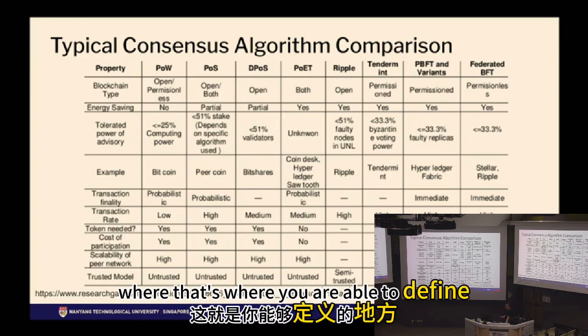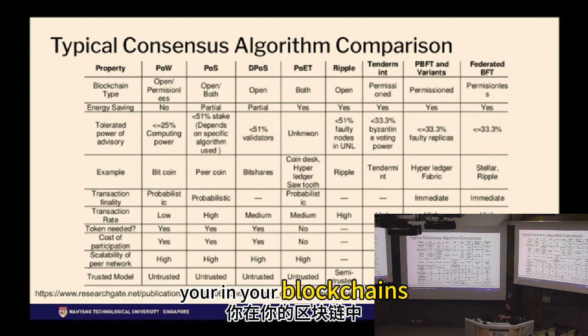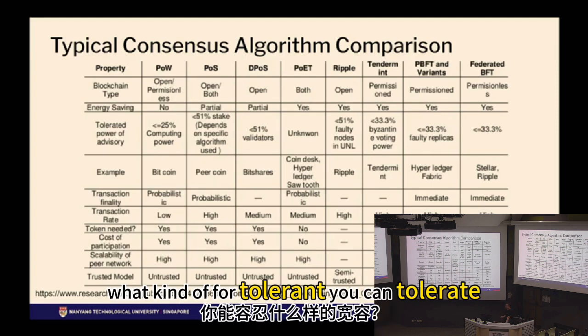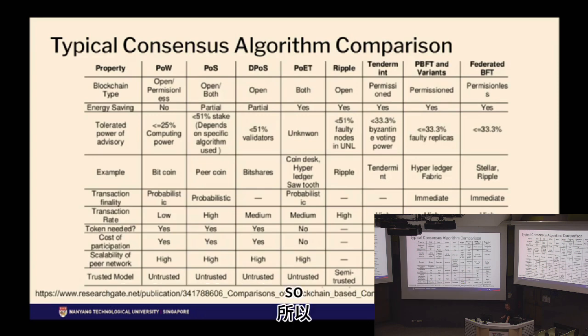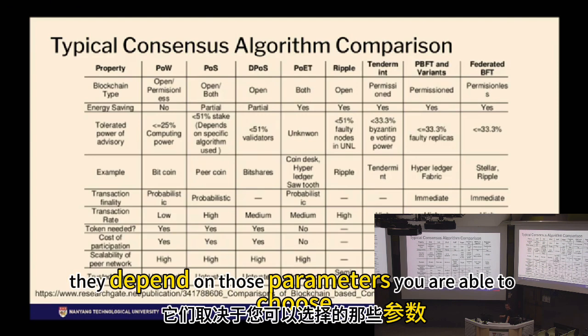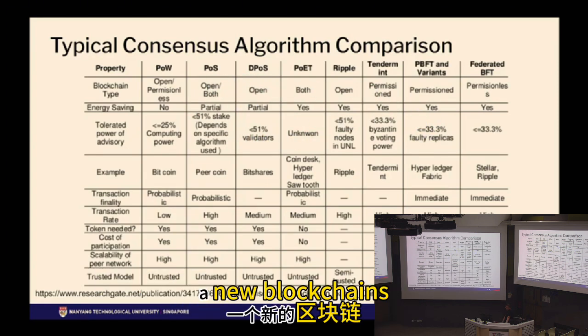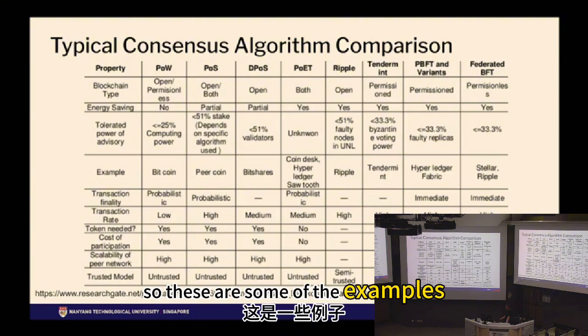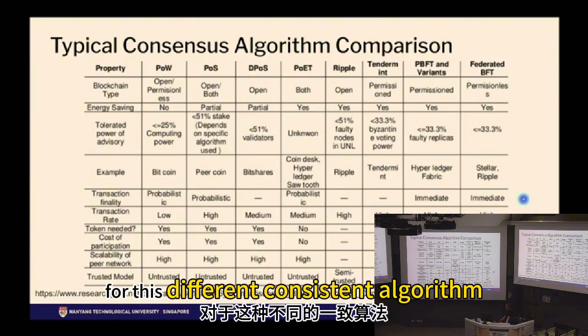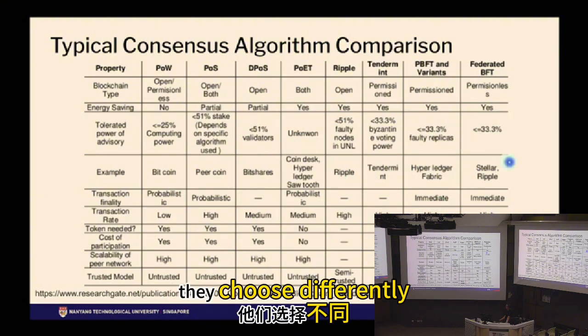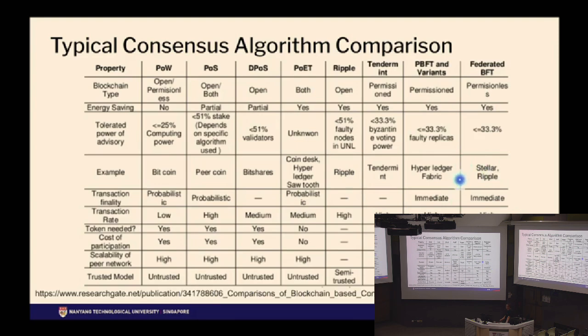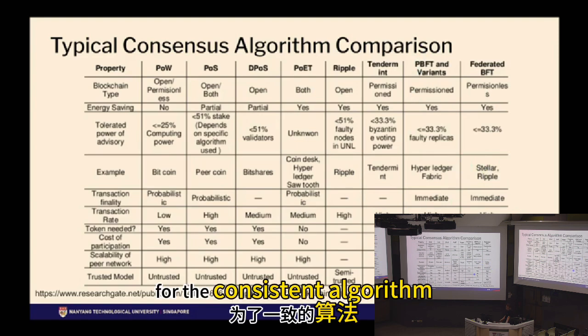That's where you are able to define in your blockchain what kind of fault tolerance you can tolerate. So depending on those parameters, you are able to choose a different consensus algorithm if you want to build new blockchains. These are some examples of how different systems choose differently for the consensus algorithm.